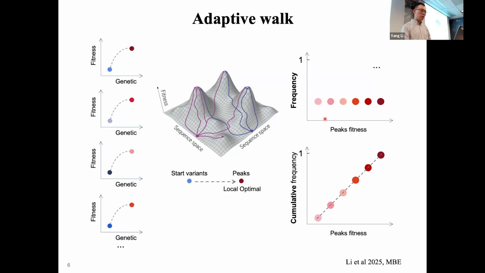If we calculate the frequency of peak fitness, suppose they are equal, so the frequency is the same, and based on the peak fitness we'll calculate the cumulative frequencies. So it should be linear. But actually, from the landscape, the high peak is supposed to have more attractiveness, so it's not supposed to have equal frequency.